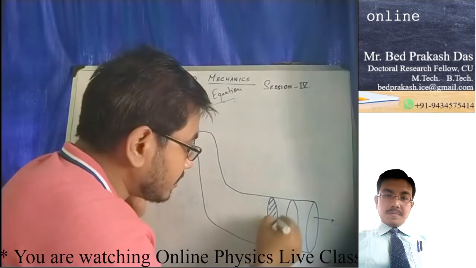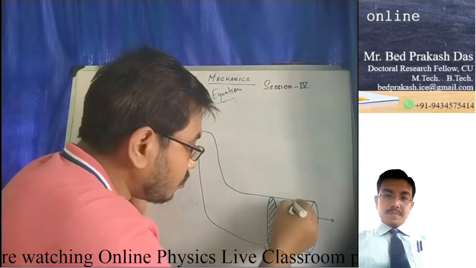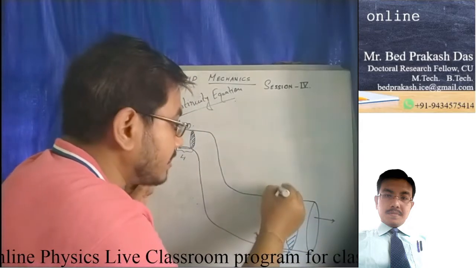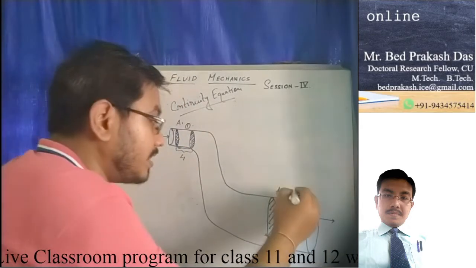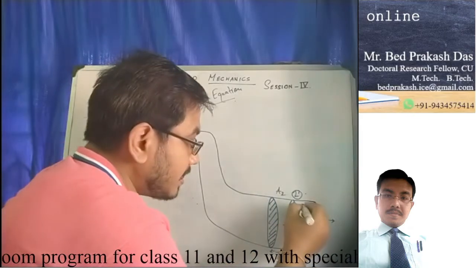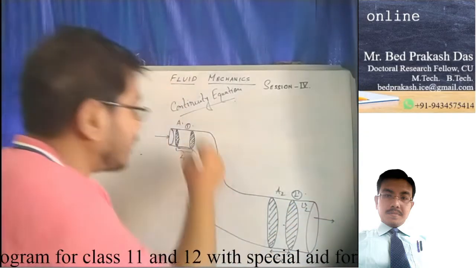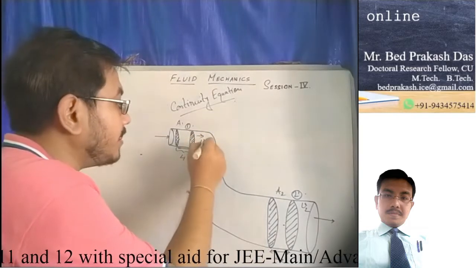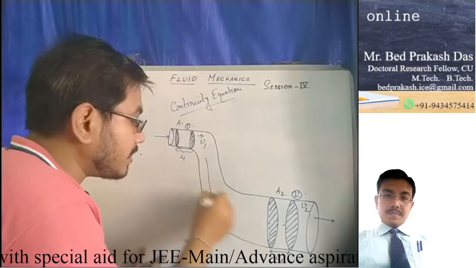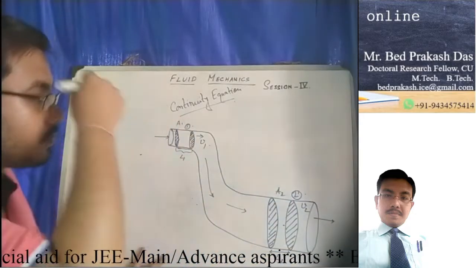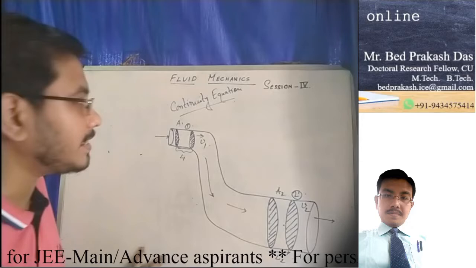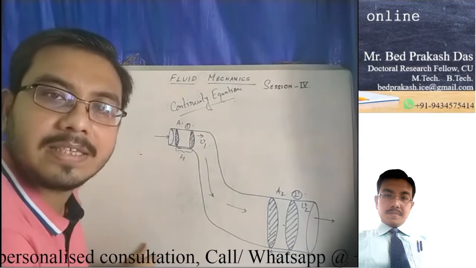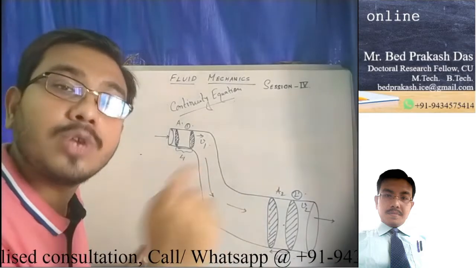Now the cross-sectional area through which the fluid is exiting, let's consider as A2. For this second section consider a velocity of v2, and for this first section consider the velocity of say v1. The fluid is flowing in this direction and it is exiting over here. Now we have to consider the flow rate of fluid, the amount of volume it is passing in unit time.